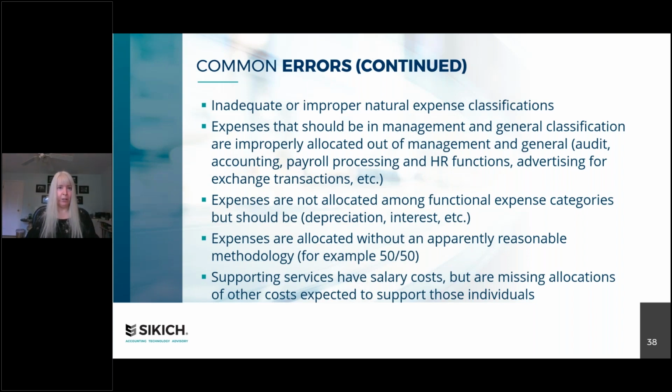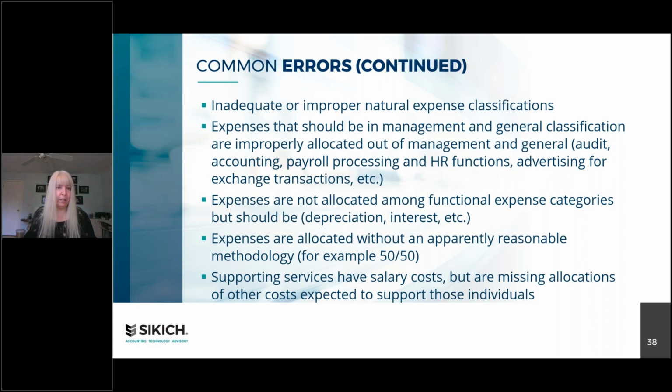Other errors are in allocations. So expenses that the codification says should remain in management and general, like audit, accounting, payroll processing, HR functions, advertising for exchange transactions, those should stay in management and general and not be allocated. On the flip side, GAAP also says you can allocate out depreciation, interest, other things that benefit more than one functional expense category. So those should be allocated as appropriate.